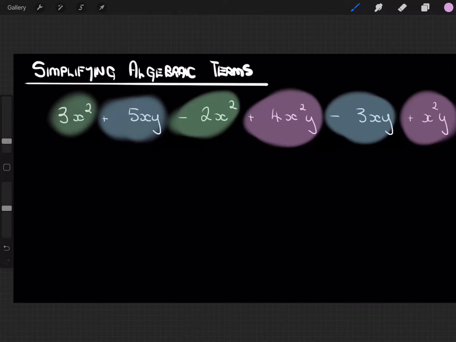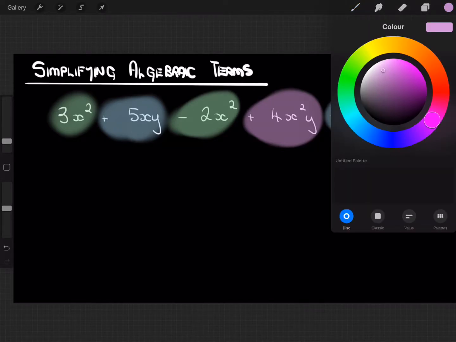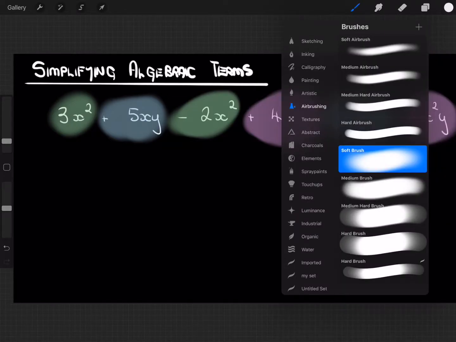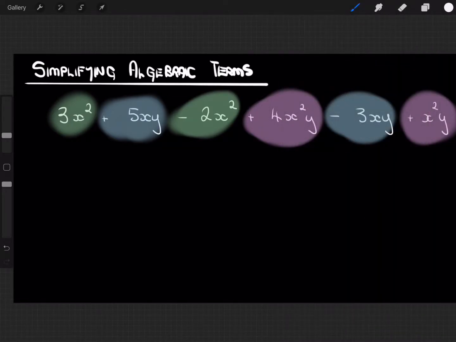So what we would do is, in fact, rewrite our expression so that our like terms are grouped together. I'm going to look at my x squared terms first. It's going to be 3x squared, that's that like term, minus 2x squared. So I've taken care of both of those. Now I'm going to look at my xy terms.